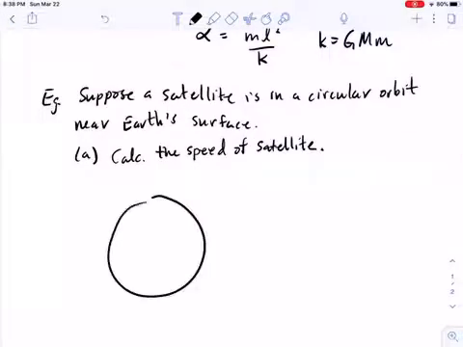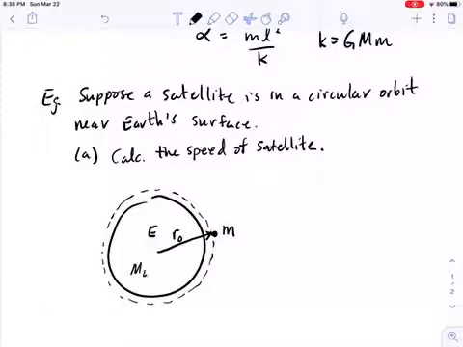Okay, so here's Earth, and let's put our satellite in an orbit that is near the Earth's surface, and we'll call the radius of that orbit r0, and here's our satellite of mass m, and the Earth has mass me.